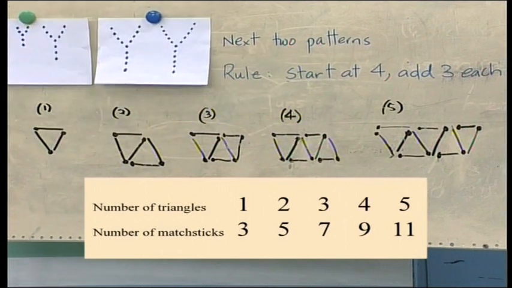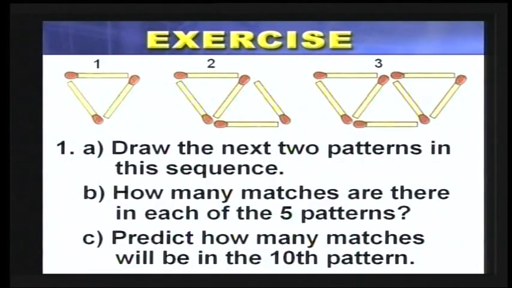C, predict how many matches will be in the 10th pattern. How many matches will be in the 10th pattern? Receiving students, some of you are saying 22, some of you are saying 19.